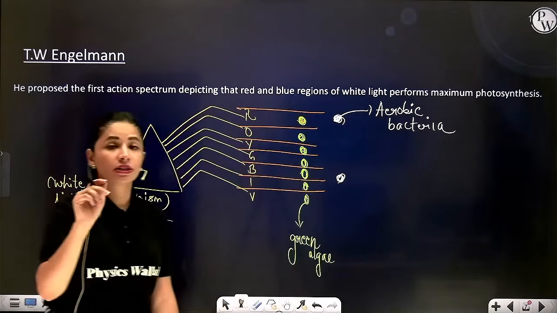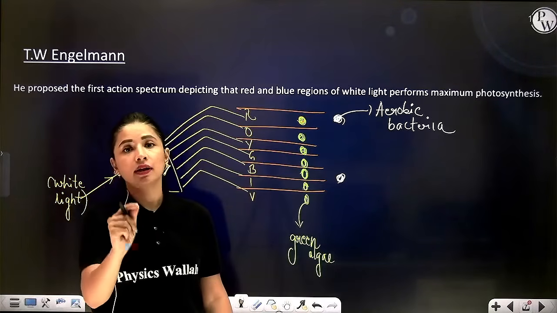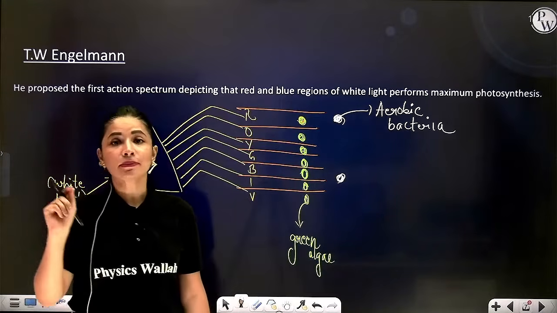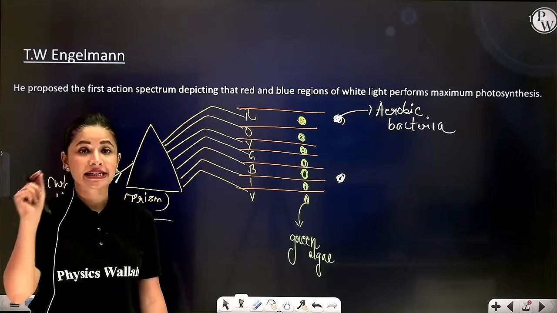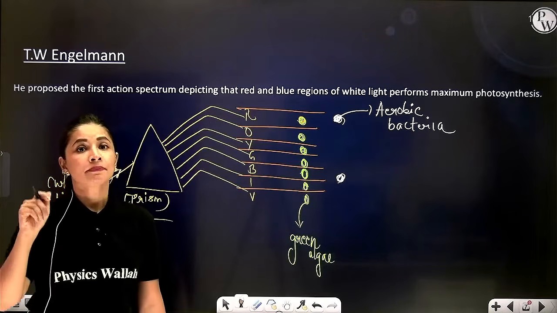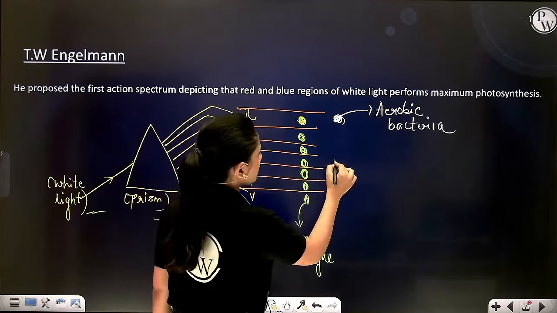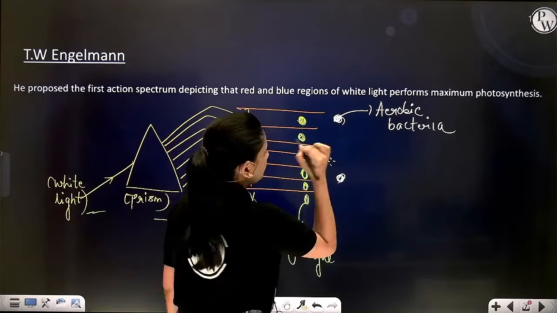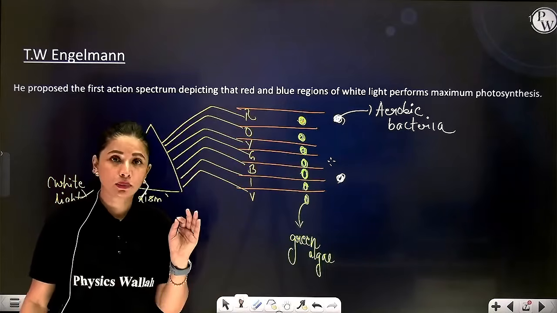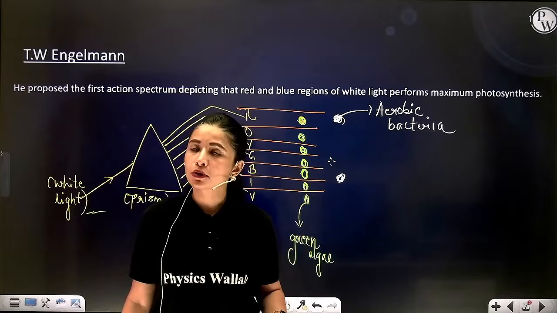This growth of aerobic bacteria richly in the red and blue regions of white light shows that here maximum oxygen evolution is taking place, depicting that these 2 regions of white light are performing maximum photosynthesis. And in the green region, bacteria are growing very poorly. That means in the green region the rate of oxygen evolution is minimum, as it is not supporting photosynthesis.